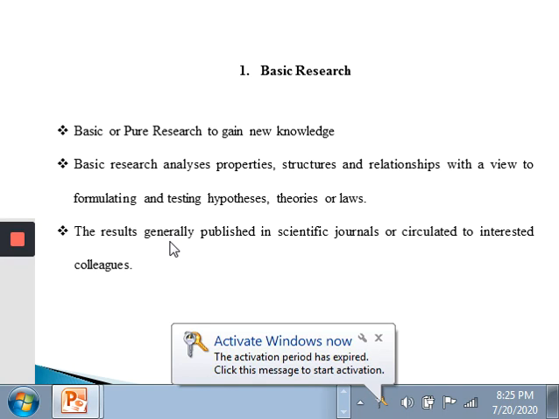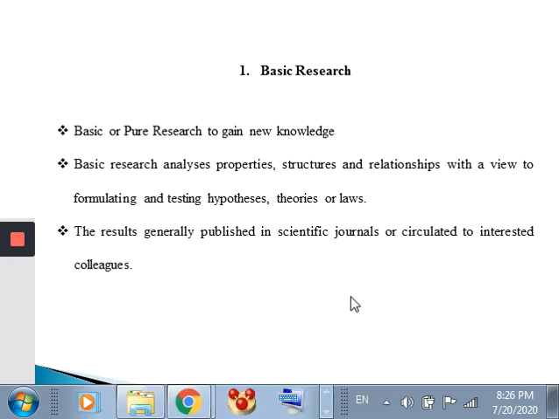Then the third point: the result is generally published in a scientific journal or circulated to interested colleagues. If a molecule has been formed, it is published in a journal, and the obtained knowledge, theories, laws, or hypotheses can be circulated to interested colleagues who are interested in this research.